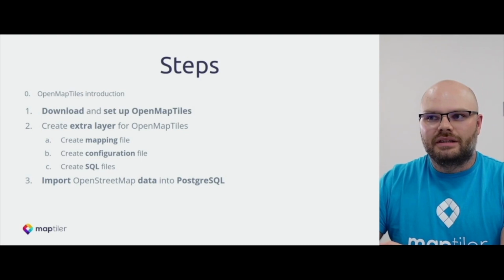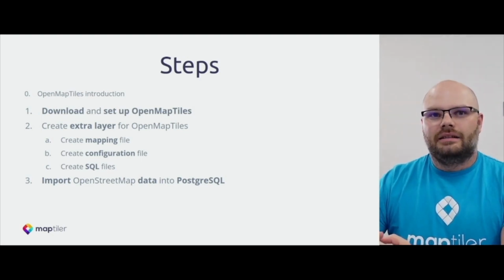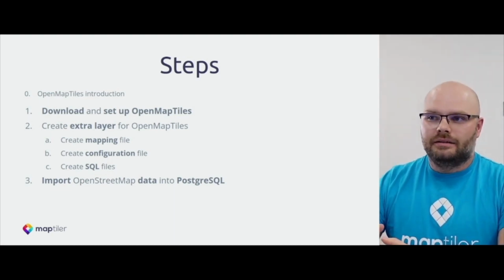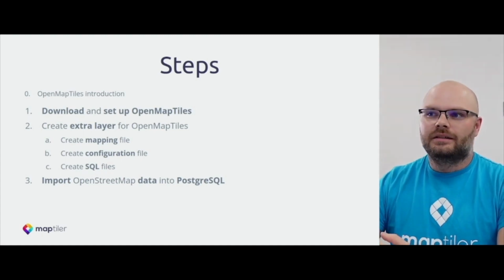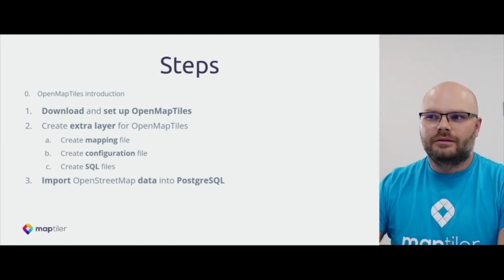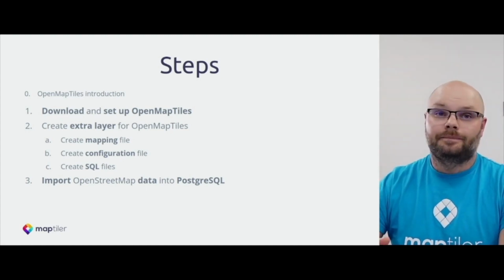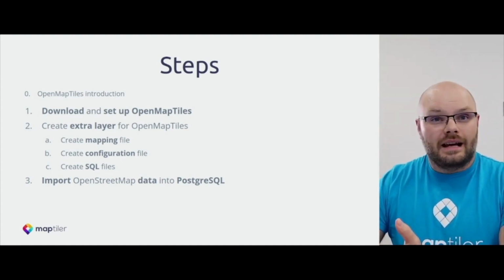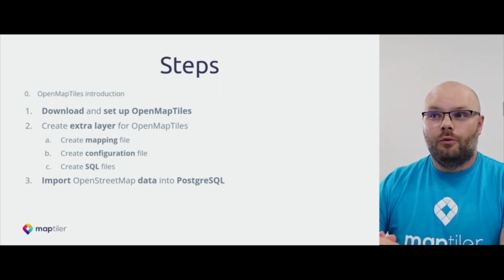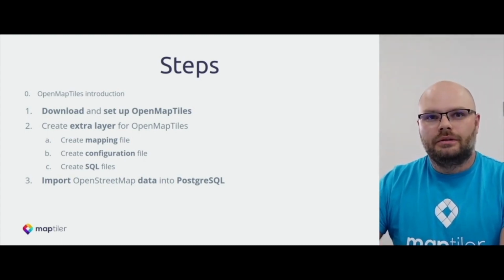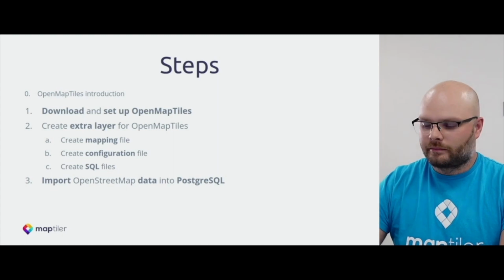The second step is to create an extra layer in the OpenMapTiles project, where we add three main new files: a mapping file, a configuration file, and SQL files. And the last step is to import the OpenStreetMap data downloaded in the first step into PostgreSQL.